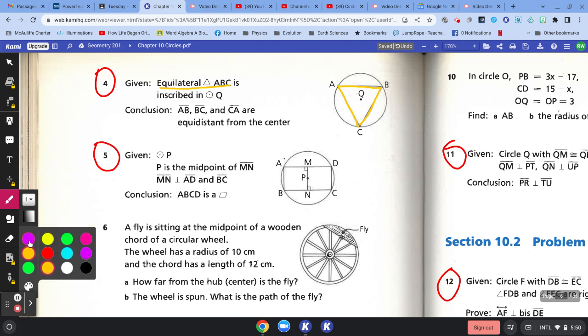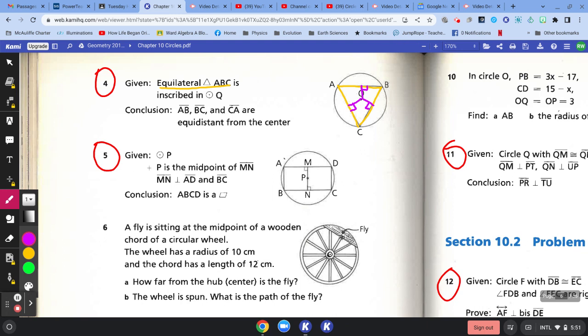So that tells us that any segment that we draw that is perpendicular to those congruent chords, all of these are going to be congruent. And so Q is equidistant from all of those congruent chords. Chords are congruent, so they will be equidistant from the center by Theorem 69.